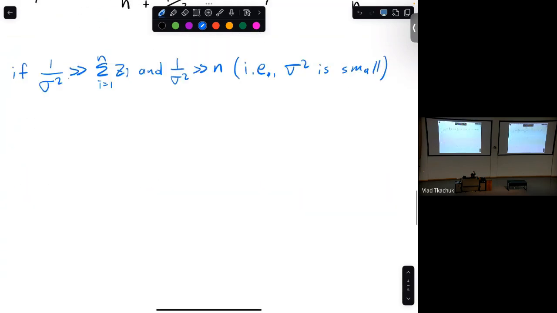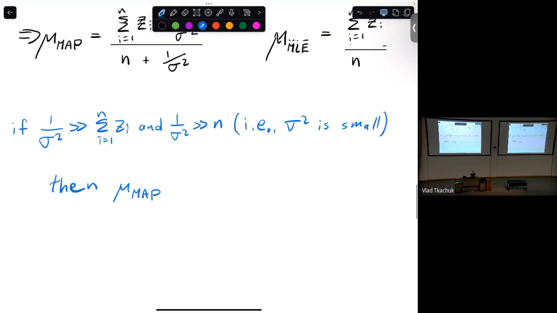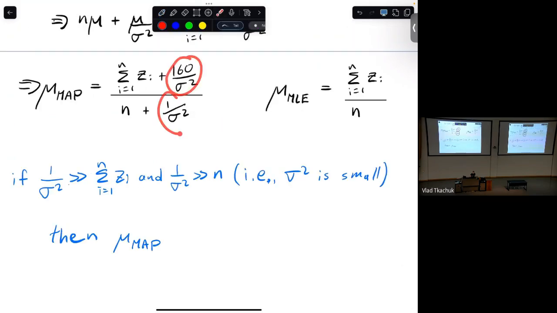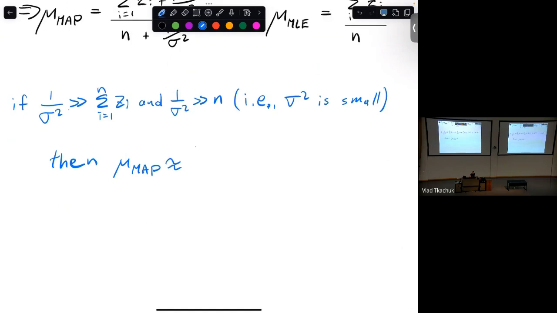Well then what happens? Then this mu MAP is approximately equal to this over this. So it's approximately equal to 160 over sigma squared over 1 over sigma squared, which is just equal to 160, right? Because the sigma squareds cancel, and you get 160.